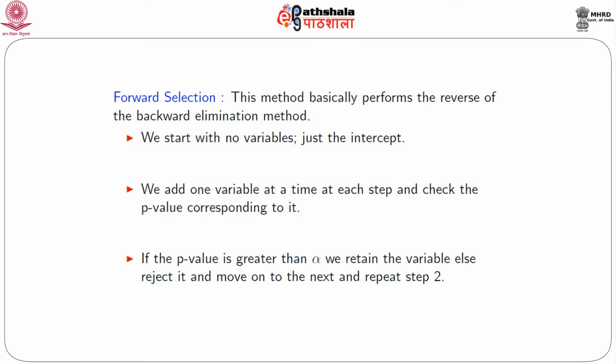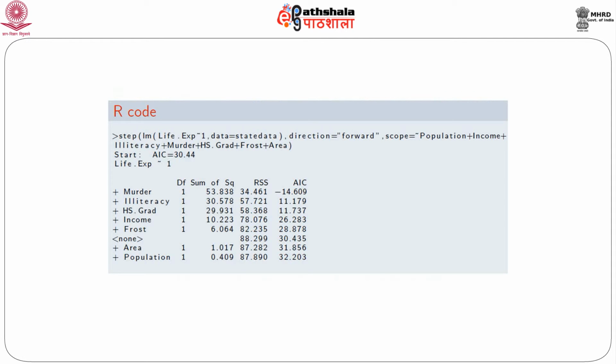So, here is the use of the step function again in R, now with direction as forward. When I perform the step function in R on the LM object using direction equals forward, the first model is the one where life expectancy is regressed only on the intercept. Now, unlike in the backward elimination method, here you will see the table where each of the predictor variables is listed with a positive sign next to it.